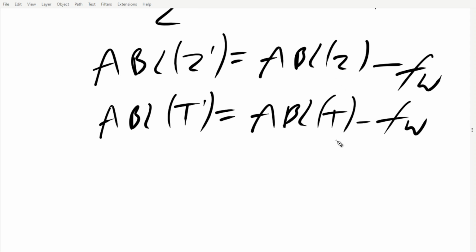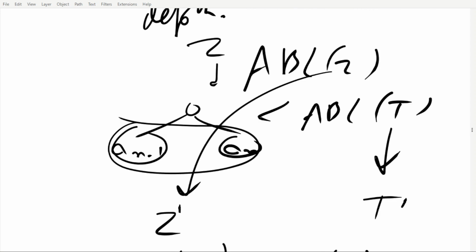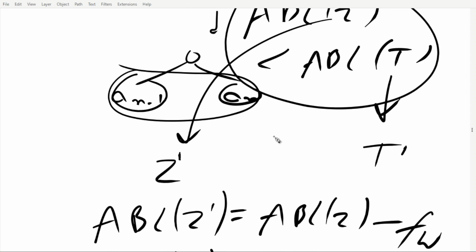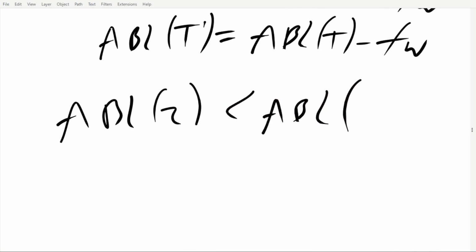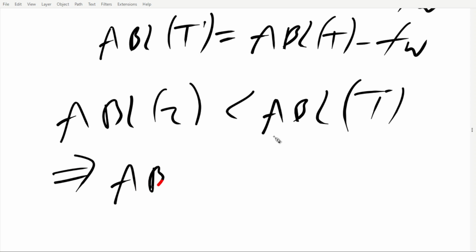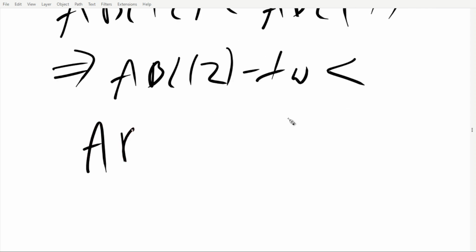So now we compare the two and we get a contradiction. Starting from the average bit length of Z being less than the average bit length of T, just subtract FW from both sides, which implies the average bit length of Z minus FW is less than the average bit length of T minus FW.